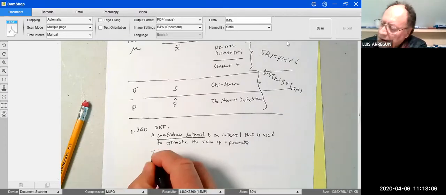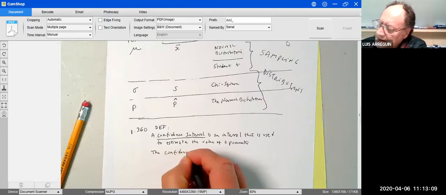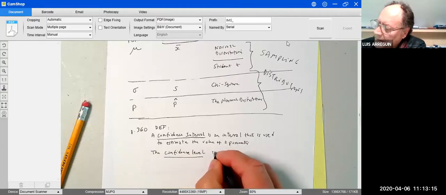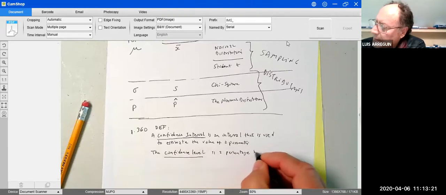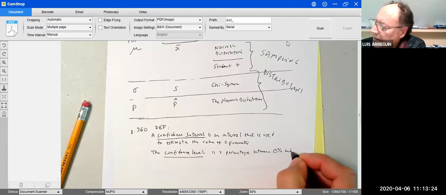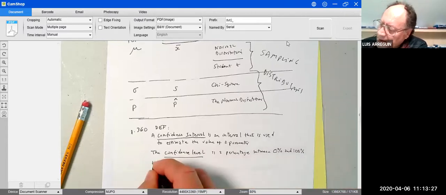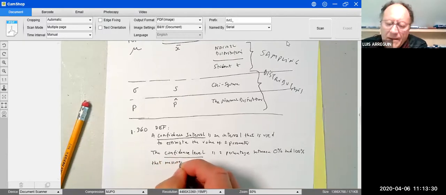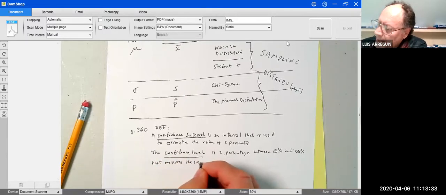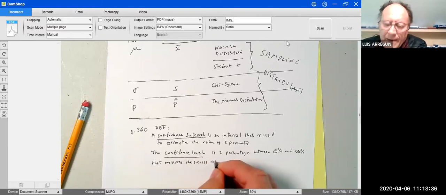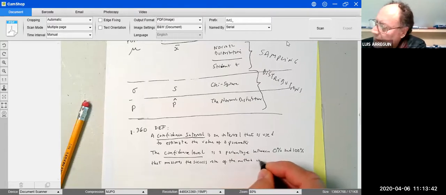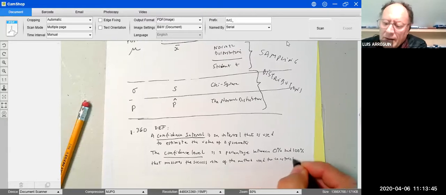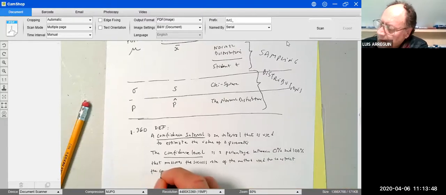We're going to use the confidence level, that's another term, which is a percentage between 0% and 100% that measures the success rate of the method used to construct the confidence interval.